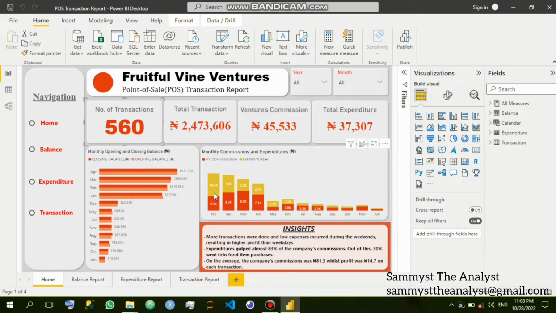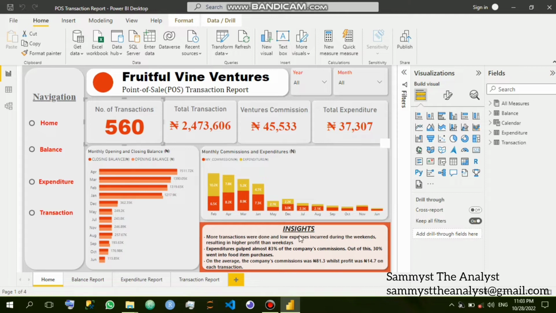The expenses incurred in the month of February were the highest, with over 10,000 naira. And in terms of the commission gotten, the month with the highest commission was March, with more than 8,000 naira gotten as the commission.